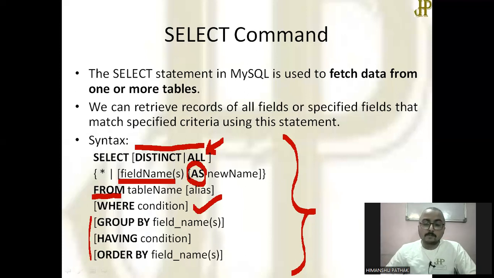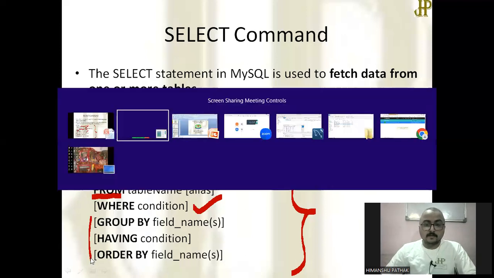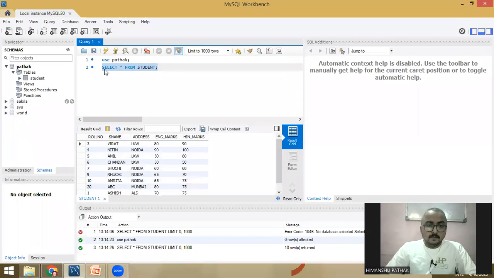So there are basically three things to be kept in mind. That is, you have to use select, then star or field name, then from table. This is the requirement. Like here, what I am doing: select star means all the data I want, and from where?